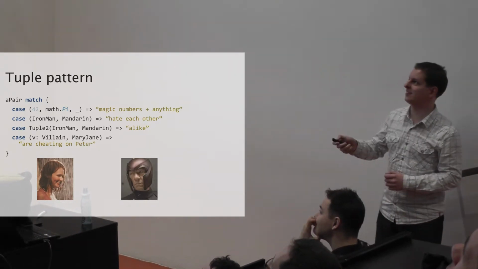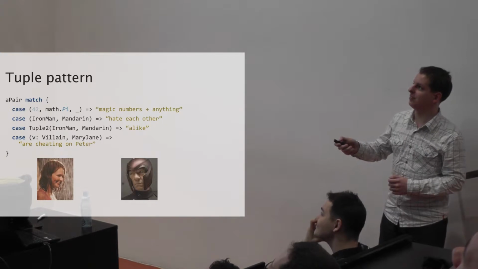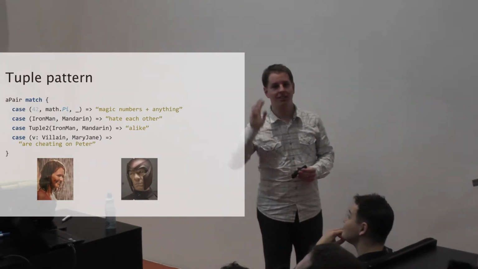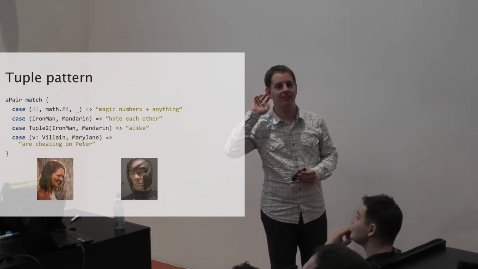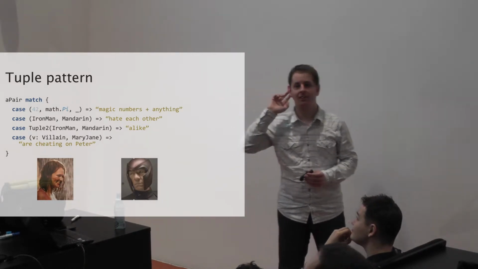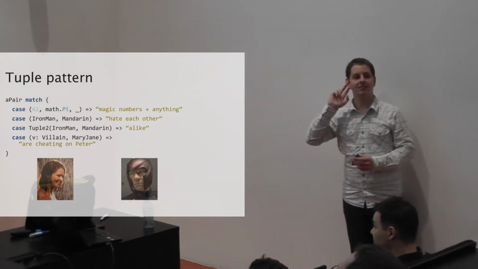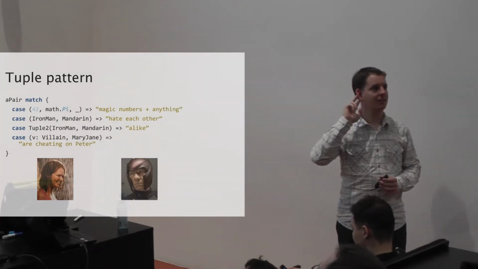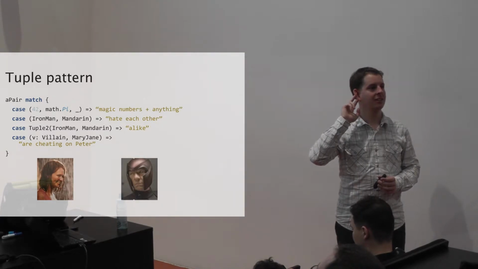What kind of pattern is this? The 4th branch. Let's say it's kind of a sequence of elements. Nested variable inside tuple.